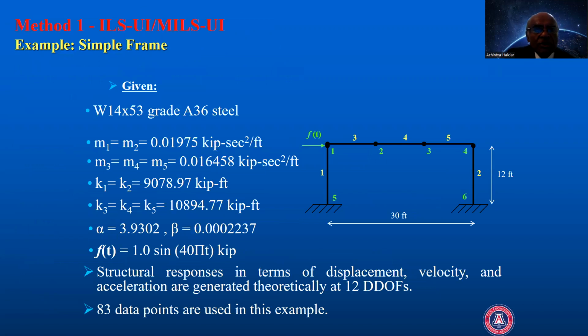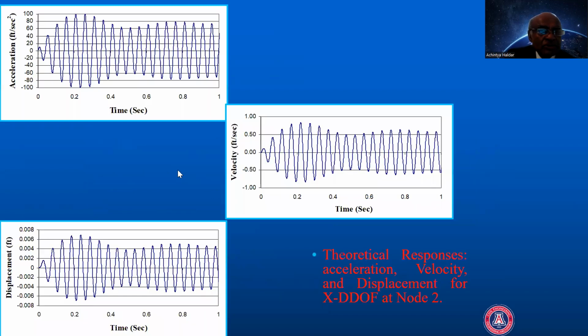To show what we are talking about, say we have a portal frame, we represented it by finite element, we excited it by a sinusoidal load, and then we measured the responses at node 2: acceleration, velocity, and displacement.